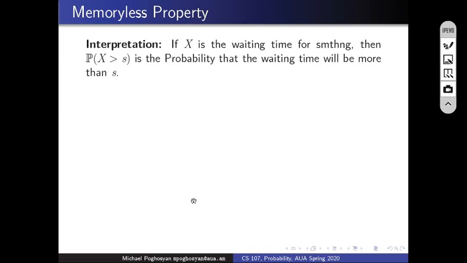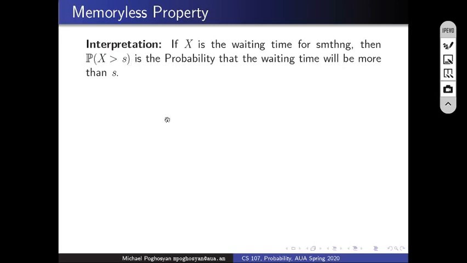We have calculated that kind of conditional probabilities during one of our examples. So the interpretation is the following. If X is the waiting time for some event, then the probability that X is larger than s is interpreted as the probability that the waiting time will be more than s.